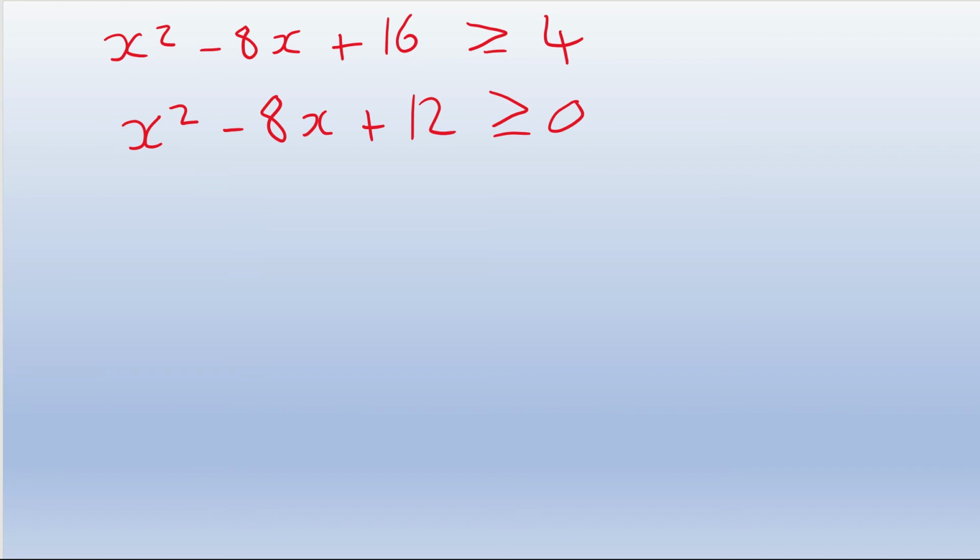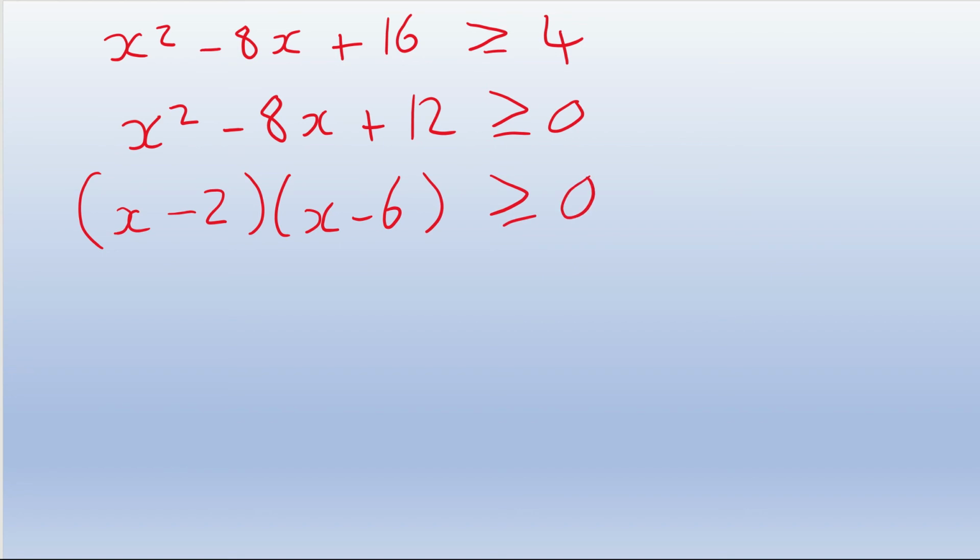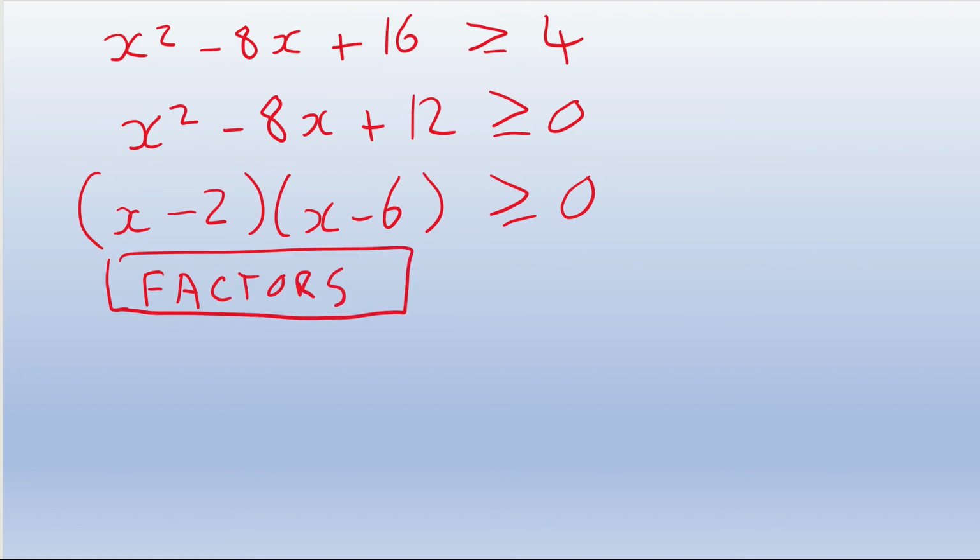And now I just need to factorize my quadratic here. You can do that using your guide number method or your quadratic formula, which some people call your minus b formula. I'm going to quickly use my guide number method. I'm going to end up with x minus 2 times x minus 6 is greater than or equal to 0. These right here are my factors. We want to find out what my roots are.